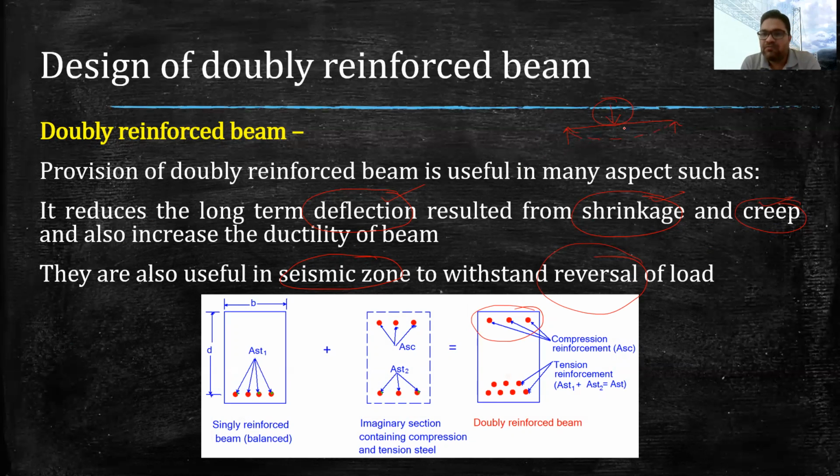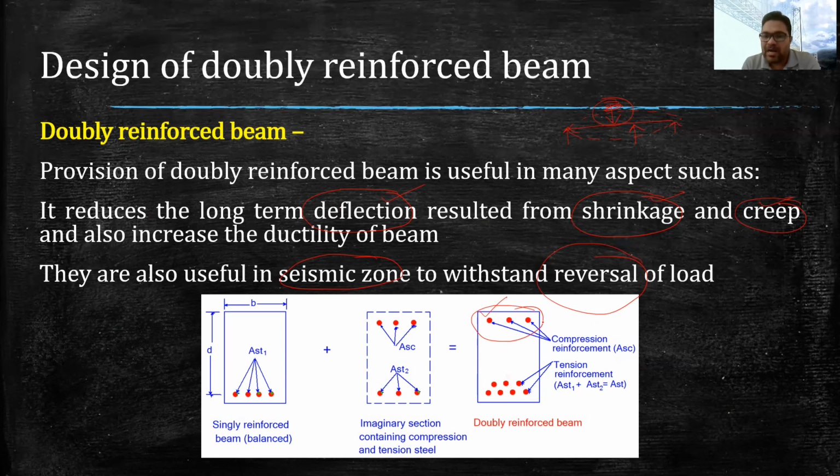But what if, by chance, the force acts in this direction on the same beam? In that case the beam may deflect in this manner, and the reinforcement will be required on the upper side. In a doubly reinforced beam, we provide reinforcement on the upper side and also on the lower side.